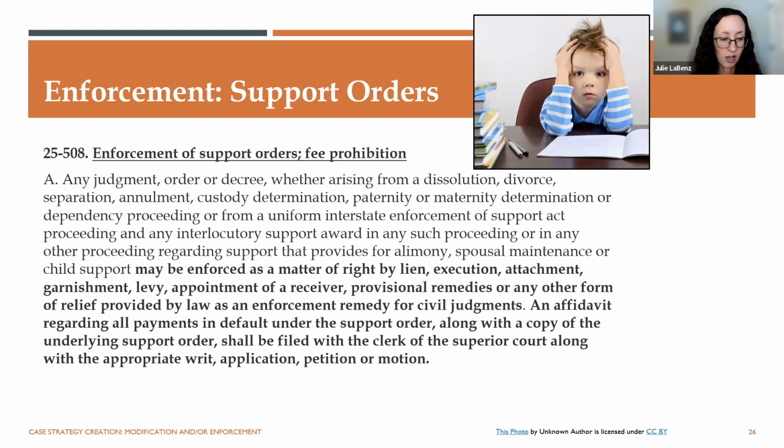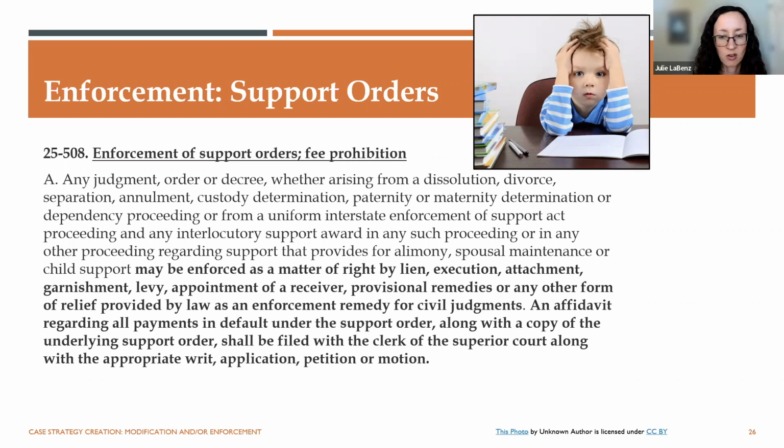An affidavit regarding all payments in default under the support order, along with a copy of the underlying support order, shall be filed with the clerk of the Superior Court along with the appropriate writ, application, petition, or motion. So this is showing you that you have other means to collect.